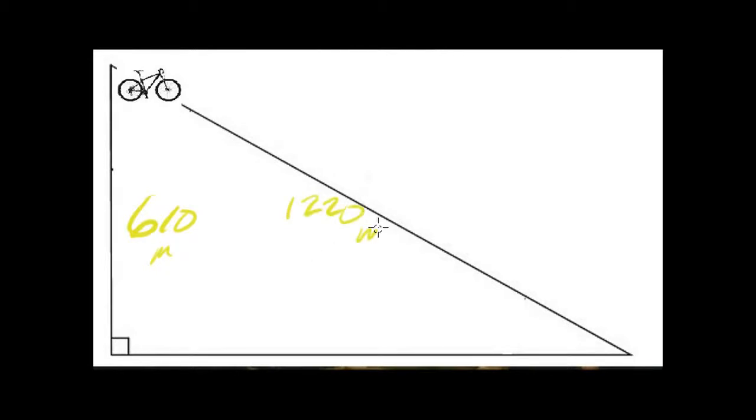Our first objective is to solve for that angle there, or theta. So let's go ahead and plug in a little trigonometry. We know that the sine of that angle should be equal to opposite over hypotenuse. So that's a 610. I'm going to leave the meters off because they're going to cancel.